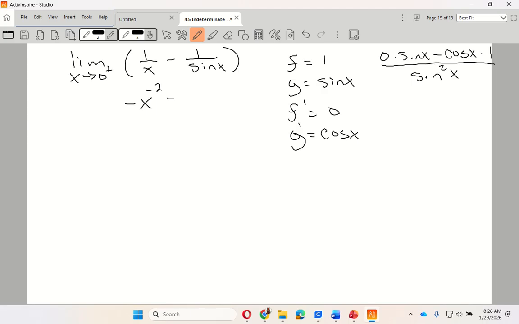The 0 times the sine makes that sine go away, so it's 0 minus cosine x over sine squared x. I could rewrite it as negative cosine x over sine squared x.